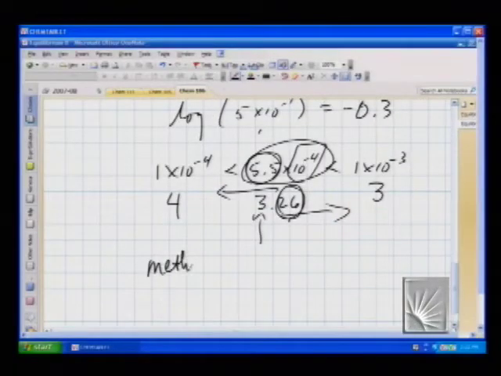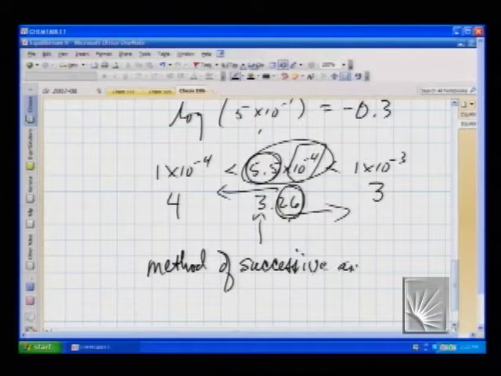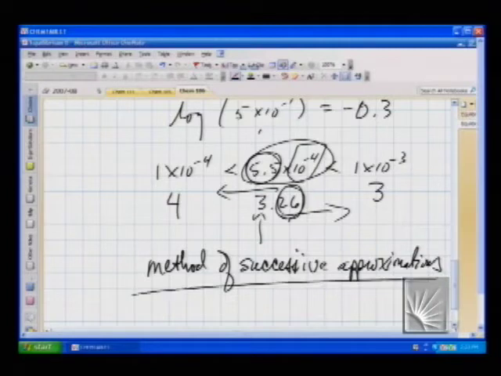You'll remember this probably from your calculus class. Something called the method of successive approximations. What the method of successive approximations says is that you can make that assumption anytime you want.